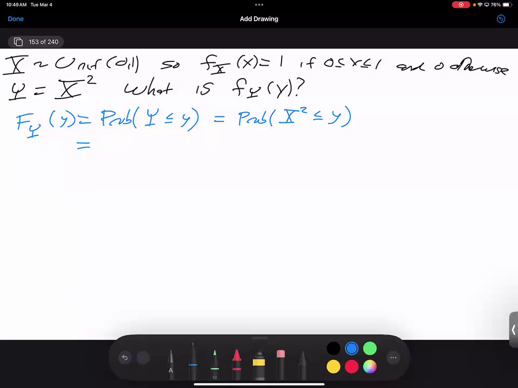I know how to calculate the probability of X. I have a probability of X squared, and I want to pass to the probability of X. So if X squared is less than y, it's the same as what? What must be true about X if X squared is at most y?